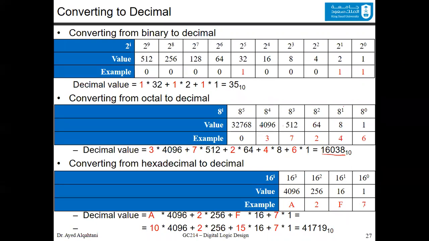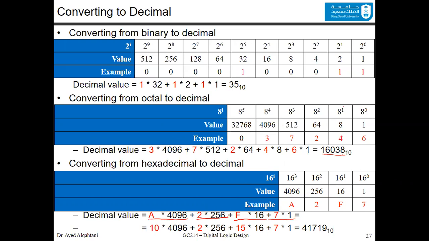So what we do, we say 7 multiplied by 16 to the power of 0, which is 1. 2 multiplied by 16 to the power of 1, which is 16. F multiplied by 16 to the power of 2, which is 256. And A multiplied by 16 to the power of 3, which is 4096.